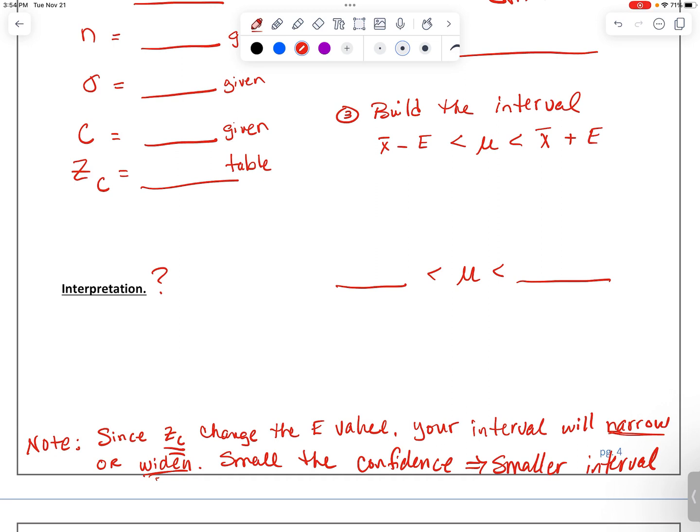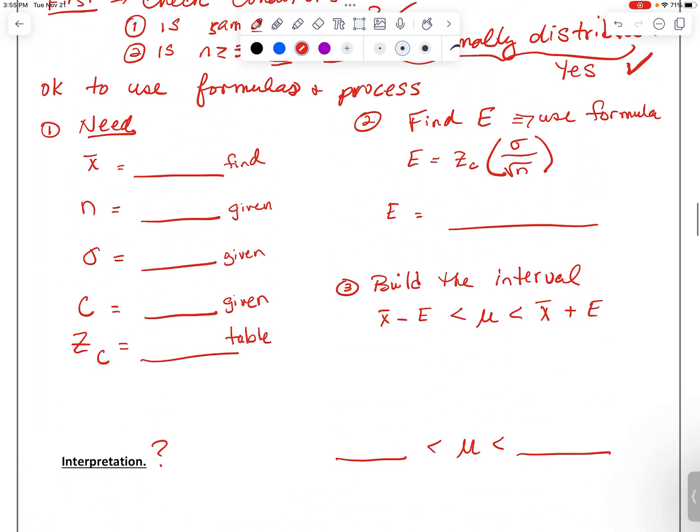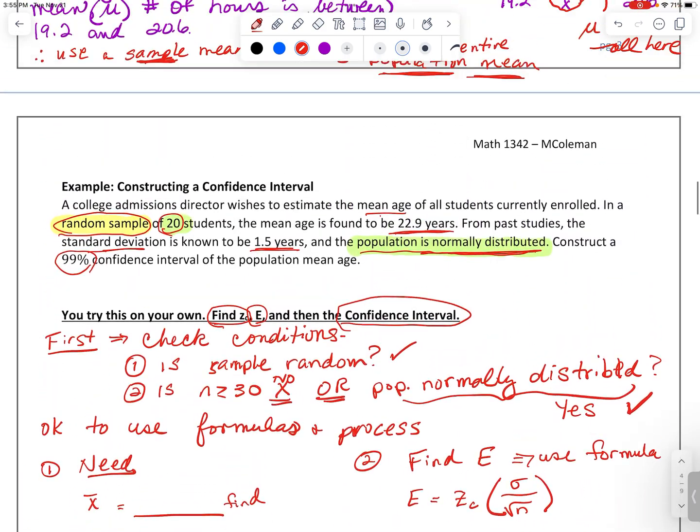If you want to make it more confident that you're getting the results you want, then you're going to have to make the interval bigger. So more confident means we're going to have a wider interval. Okay. All right, so you finish this example on your own.